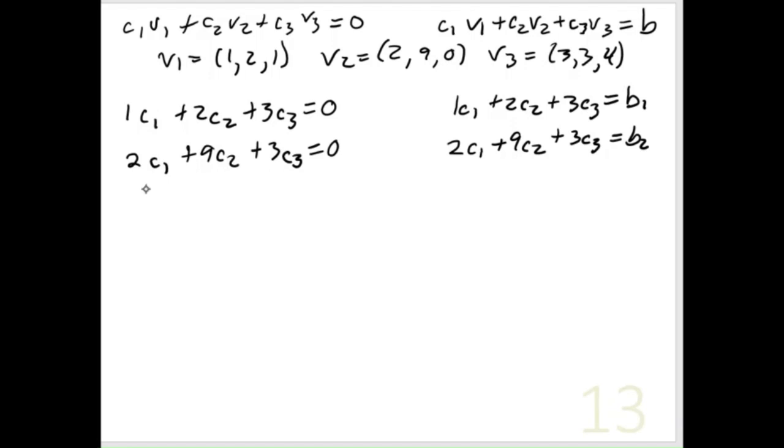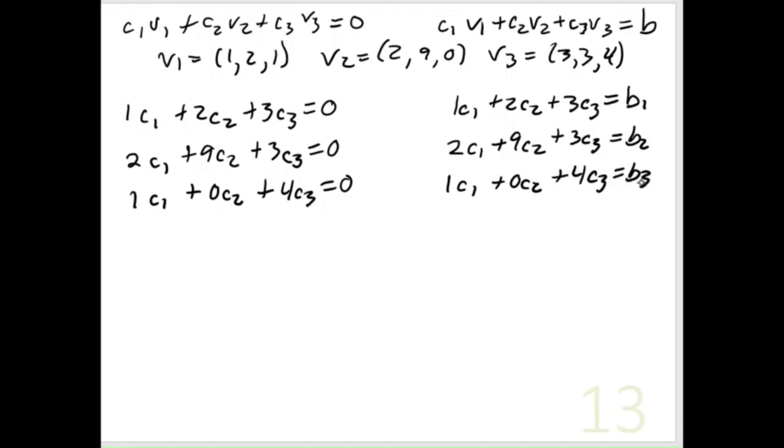And then we've got one more equation to do: 1C1 plus 0C2 plus 4C3 equals 0, and here 1C1 plus 0C2 plus 4C3 equals b3.